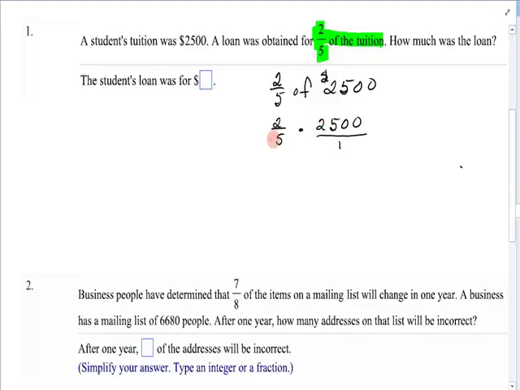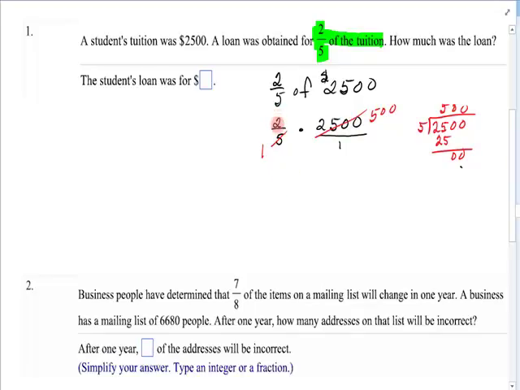Now let's look on our diagonals and up and down. In other words, we're going to bow tie if we can. 5 goes into itself one time, and 2,500 divided by 5: 5 goes into 25 5 times, and we've got 2 more zeros to fill in, so 5 will go in there 500 times.